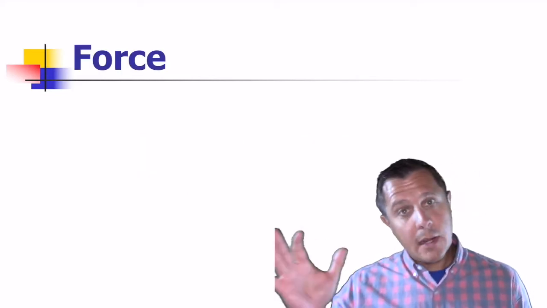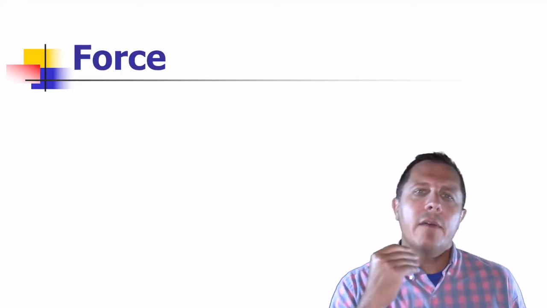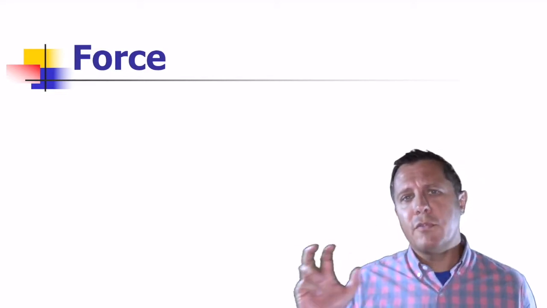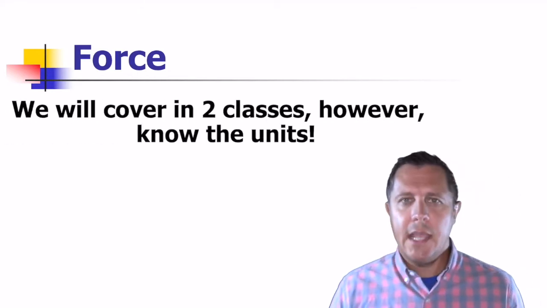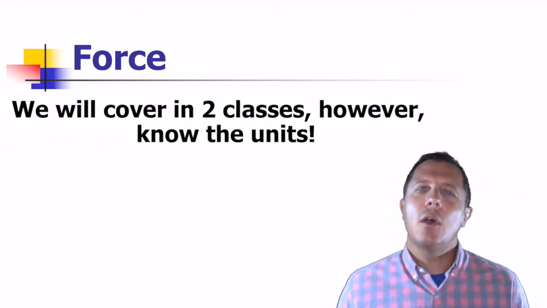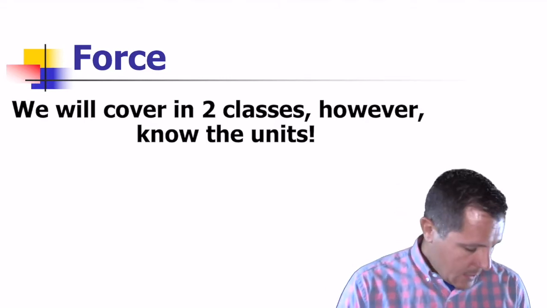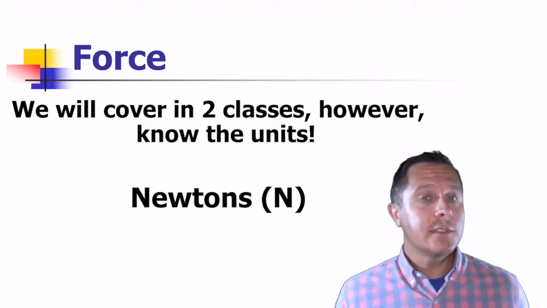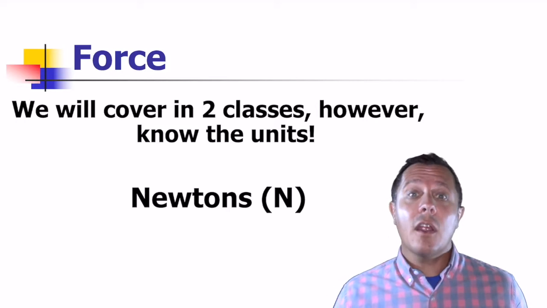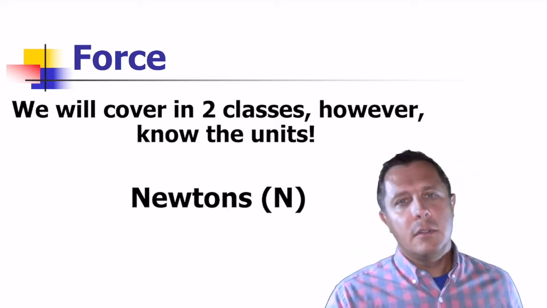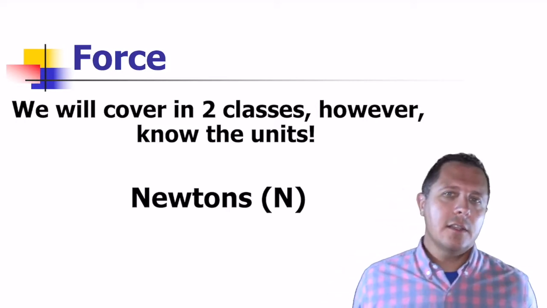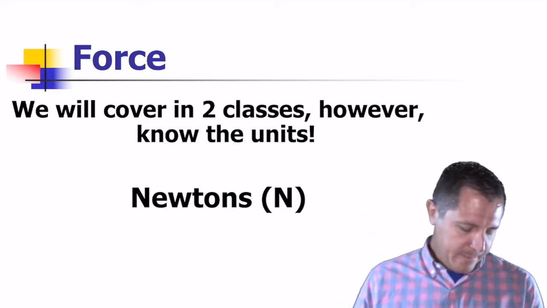And I forgot. Some people do momentum before force. If you have not learned about force yet, you do need to know the units for force. The units for force are newtons, named after Sir Isaac Newton. That's my joke.